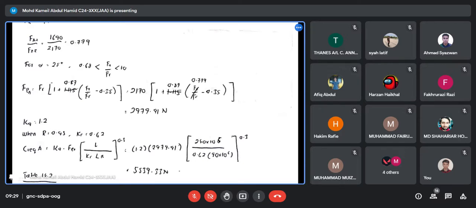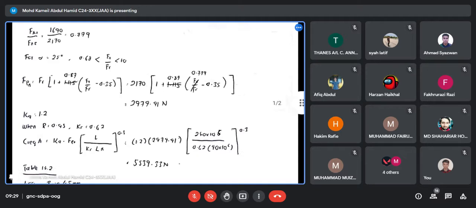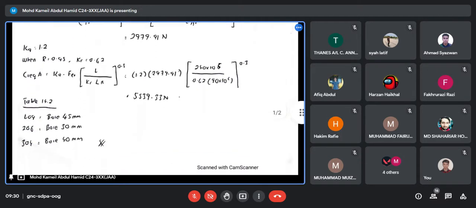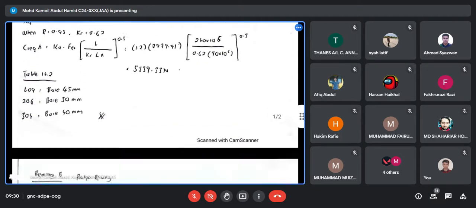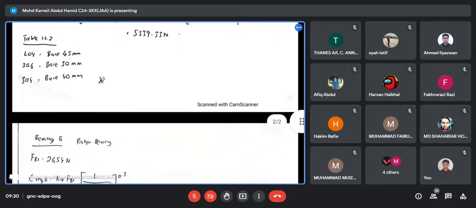Remember, please double check, jangan tersalah pilih equation. So Shazwan dia ambil yang 0 degree punya. Supposed to be 25 degree. The rest should follow. So that is the thing that you have to be careful.